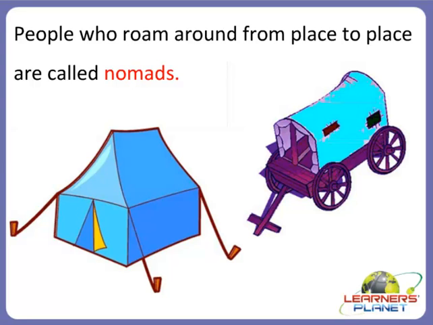Now children, the next type. Which is the next type of house? The people who roam around from place to place are called nomads. So children, who are nomads? The people who roam from one place to another place.